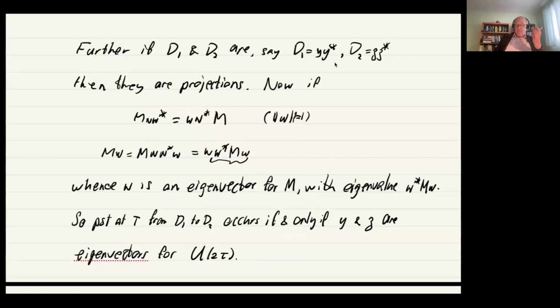So if you commute with a rank one projection, then the columns of that projection are eigenvectors for your matrix. In this case, we get this commuting condition from periodicity. And then we learn that at time tau, the vectors y and z are eigenvectors.